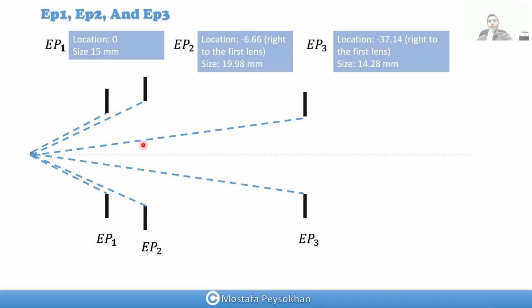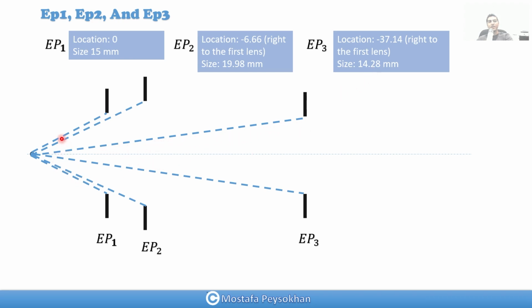And then 37.14 from the first lens, very far from that, we have another aperture, which is EP3, and the height is 14.28. This is the height. So you can see this one is roughly close to 15, 14.28, but it's very far.